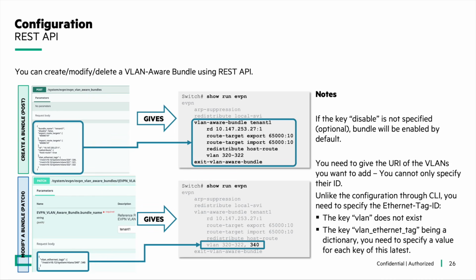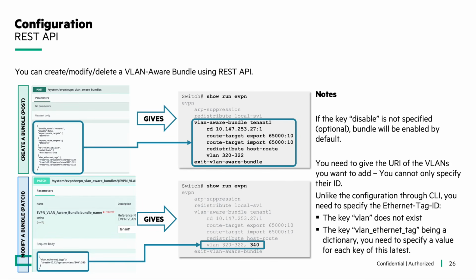There are a few points to note when manipulating bundles with the API. First, if we do not specify the key disable, the bundle will be automatically enabled. Secondly, you need to give the URI of the VLAN, not only its ID as an integer or as a string. And the last thing is the fact that the key VLAN does not exist.